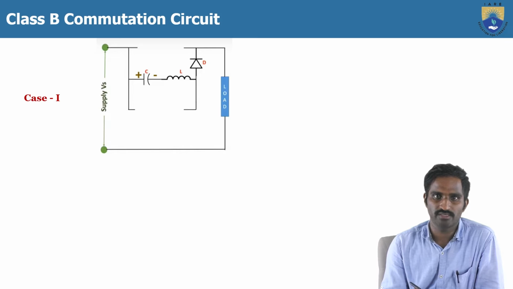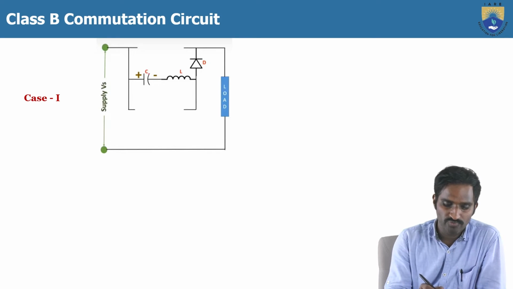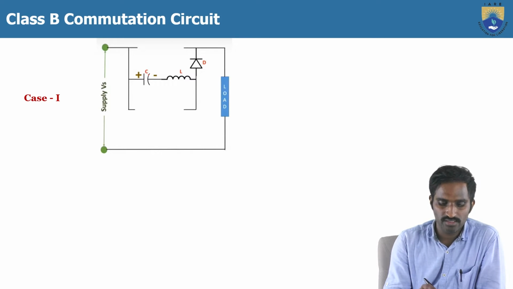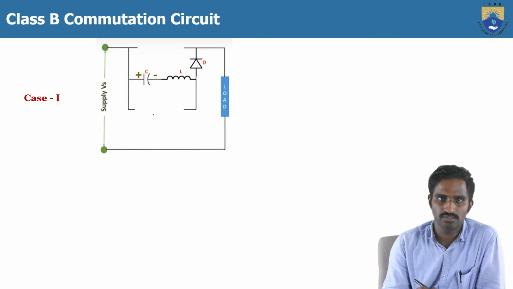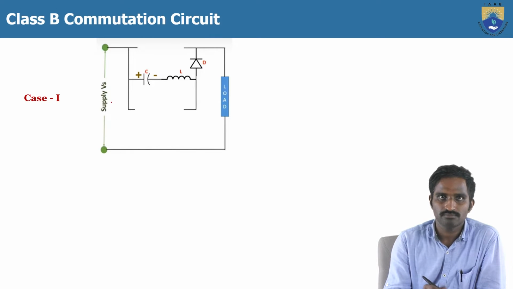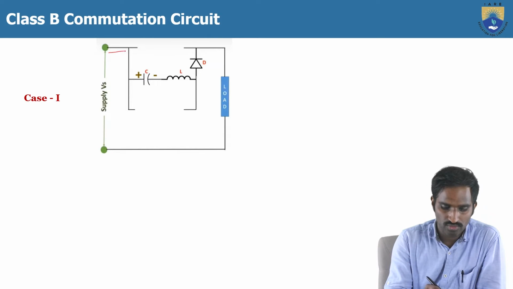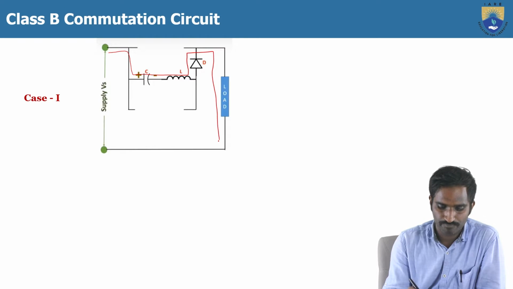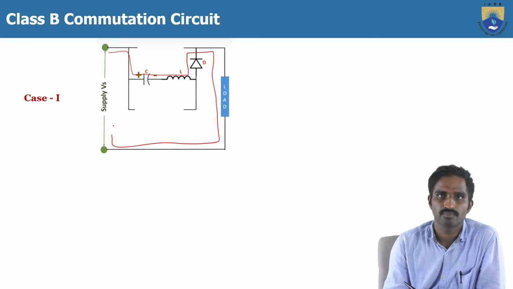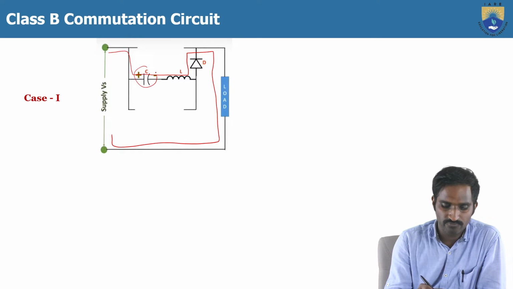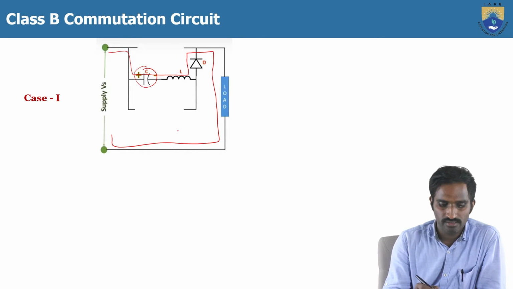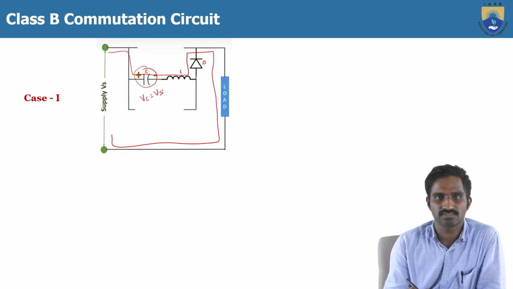Here TA and T1 are both turned off. Then if you apply a voltage, the load current will flow in this way, so that the capacitor gets fully charged up to Vc equal to Vs.